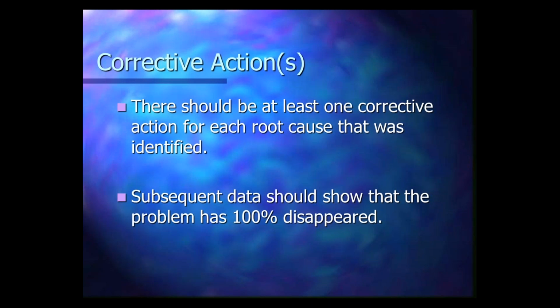So let me share with you an example of a problem where the problem-solving team felt that they had identified the true root cause, but subsequent data showed that the problem had not 100% disappeared, so in fact, the root cause was not appropriate. I used to work in an automotive manufacturing facility, and there was a particular press that had a dual cavity tool that dropped a left-hand part and a right-hand part for the vehicle.